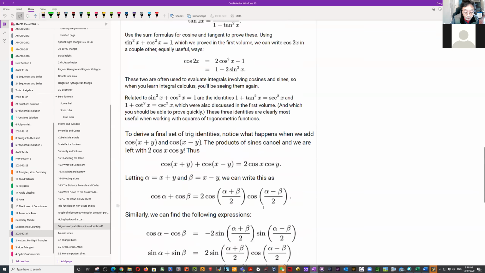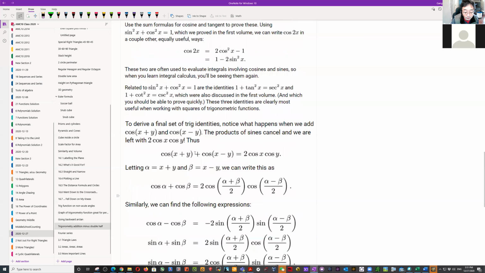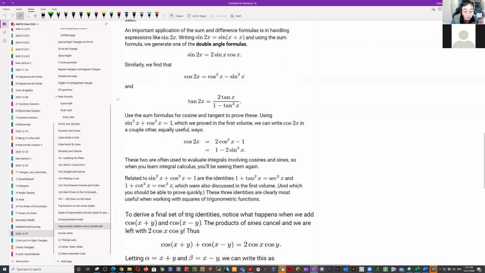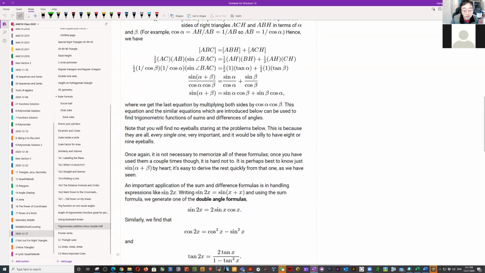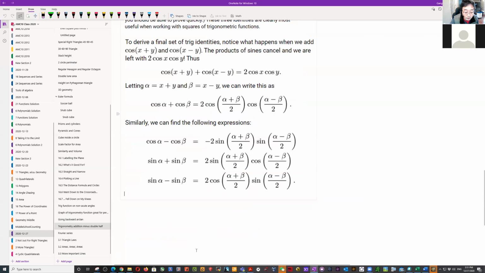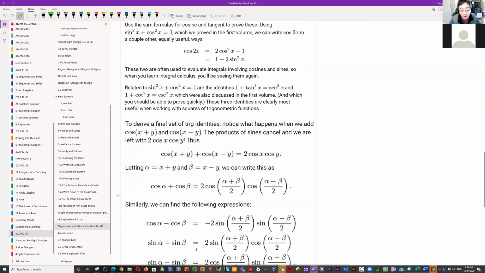Then they also have the sum of angles for cosine. And then they also have the double angle for sine, cosine, and tangent. And they also have the half angle.